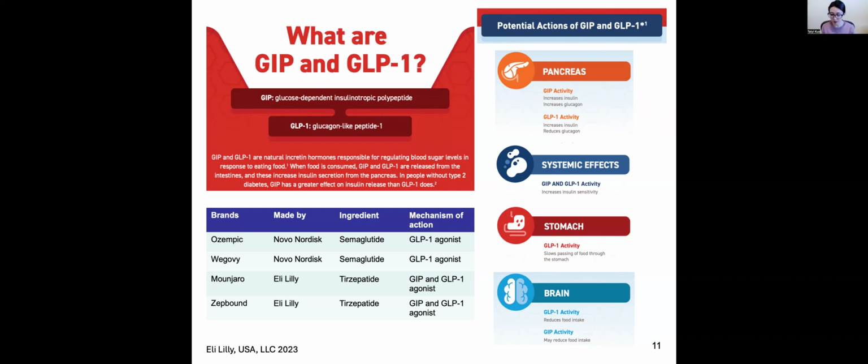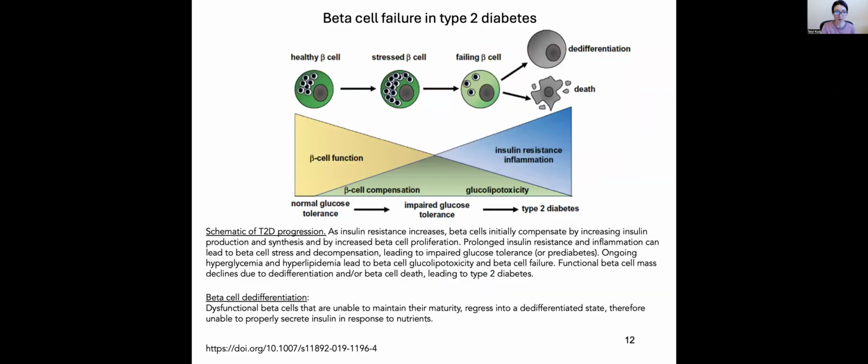For the stomach, we talked about slowing down the passing of food from the stomach into the gastrointestinal tract, which helps the body to clear the circulating blood glucose. That's what GLP-1 can do. And for the brain, GLP-1 reduces food intake. All right. Those are the currently available therapeutics for type 2 diabetes.